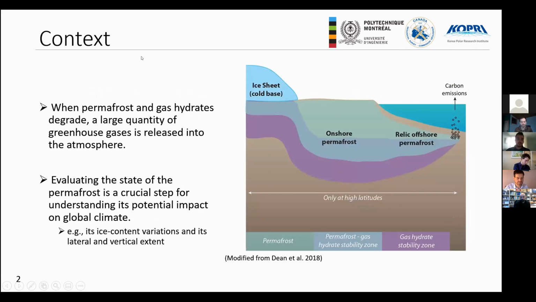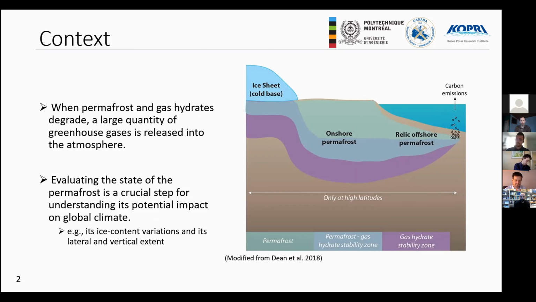A bit of the context. Permafrost was formed in the last glacial period at the surface. At the end of the glacial period, the sea level increased, locating some of that permafrost under the sea level. Nowadays that permafrost can act as a barrier for methane and CO2 reservoirs, and can also generate the conditions for gas hydrates to form.